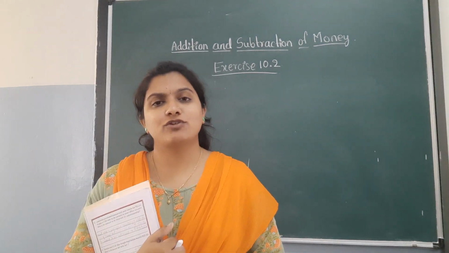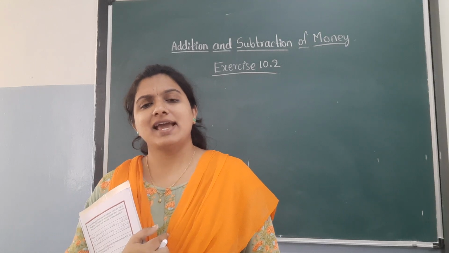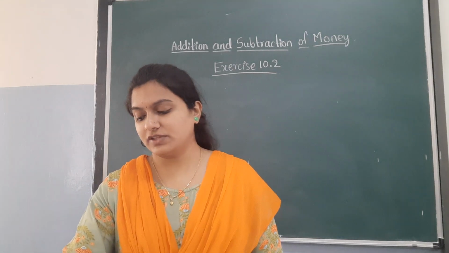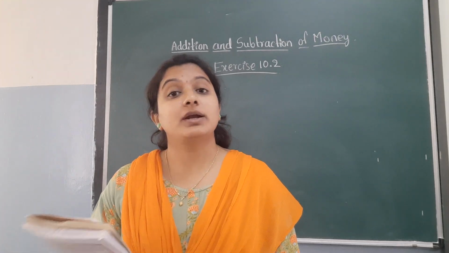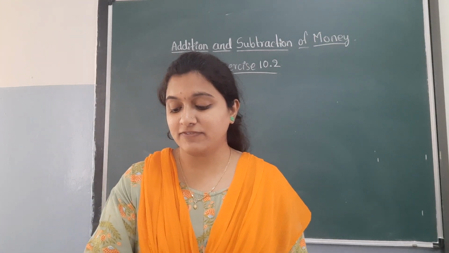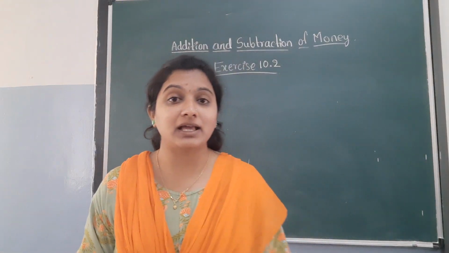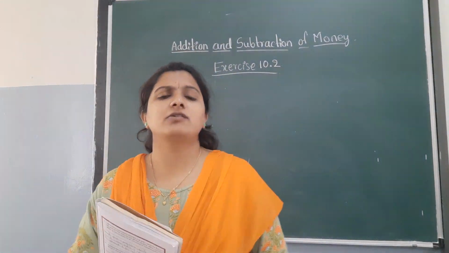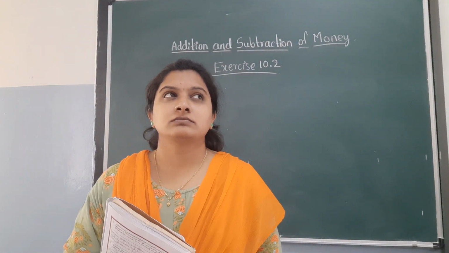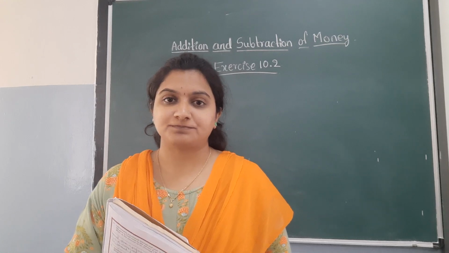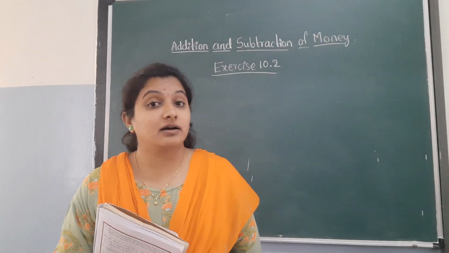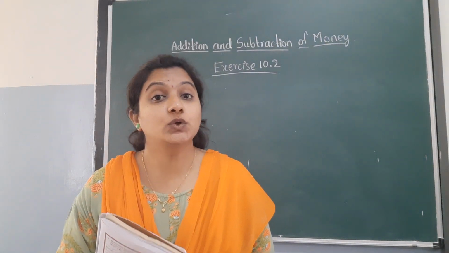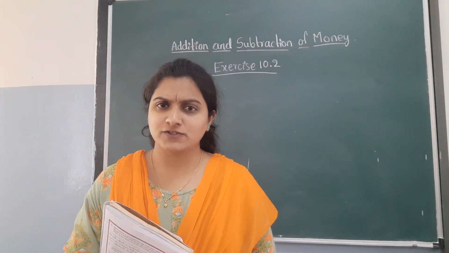Okay. He wants to purchase shoes. The cost of those shoes is 399 rupees 99 paise. But he has only 25 rupees 50 paise in his bank account. See, now you went to a market. You want to buy a balloon. Right? Have you seen a balloon? Yes, you want to buy a balloon.